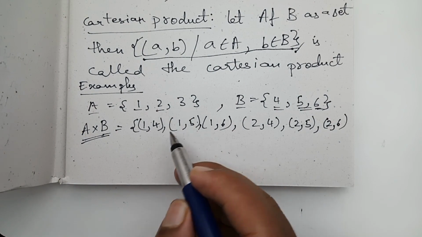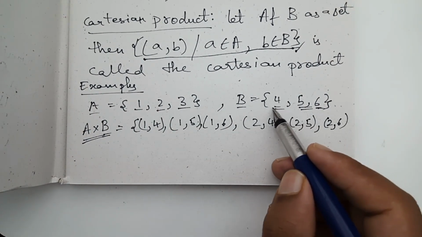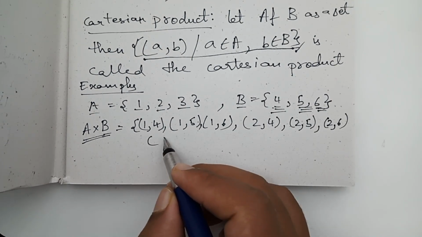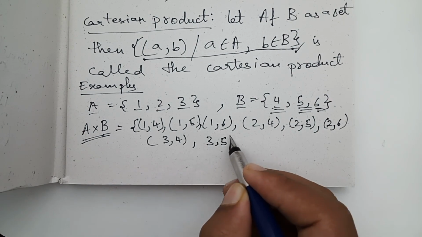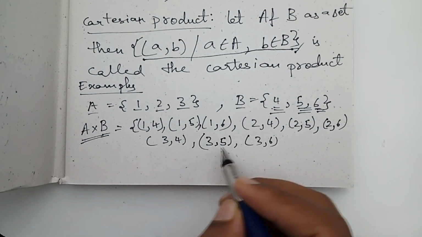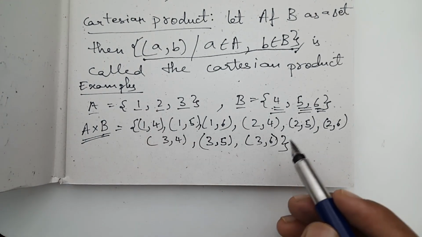And then the third one with these three: 3 comma 4, 3 comma 5, 3 comma 6. Okay, this will be the answer.